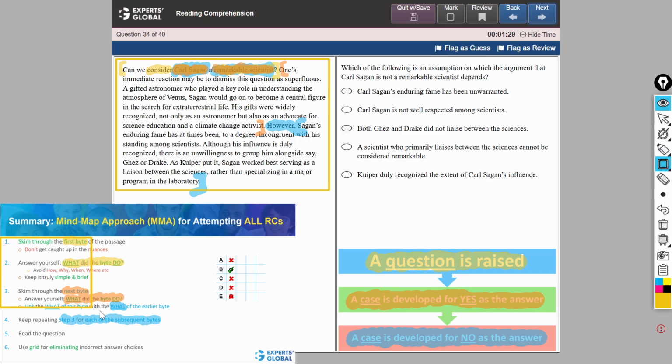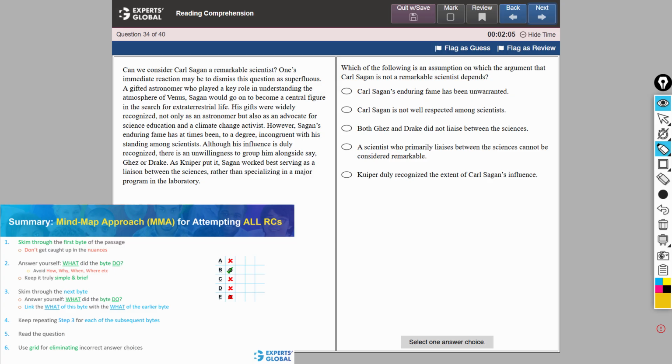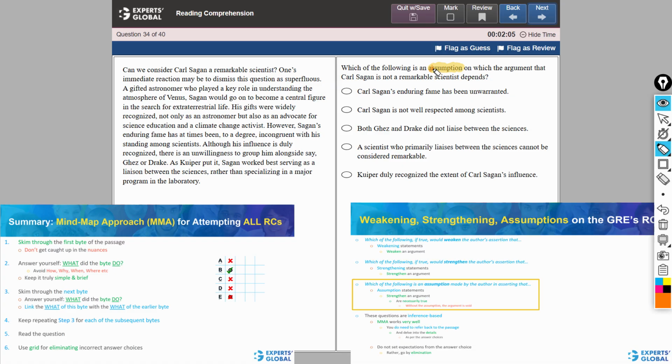We completed the first 4 steps, and now we must go about reading the question stem. We see that it is an assumption question. We need to find the assumption in the argument that our scientist is not a remarkable scientist.